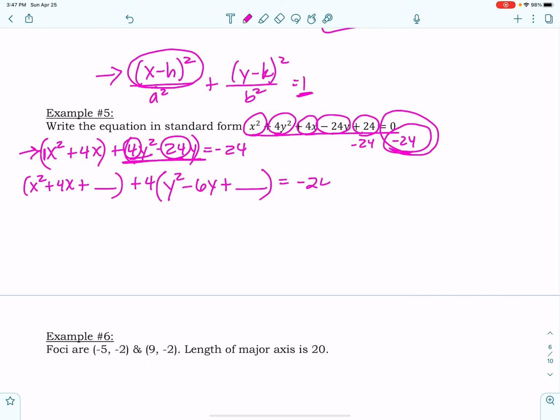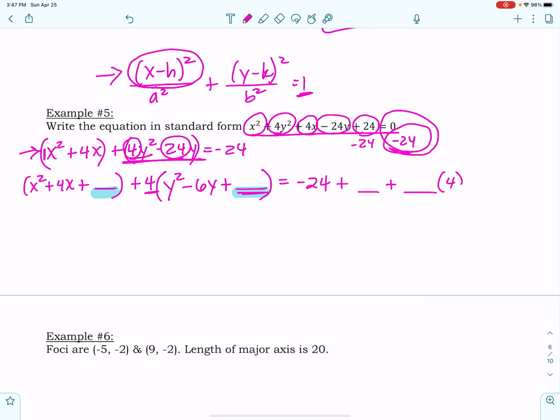Okay, now remember the cardinal rule when we're talking about equations. I can do anything I want to an equation as long as I keep it balanced and do it to both sides. So if you'll notice here, I have got a blank here and a blank here. That means I'm going to need a blank on the other side for both of those. So plus the first blank plus the second blank. However, there's a catch. Notice that this blank is going to get multiplied by a 4.